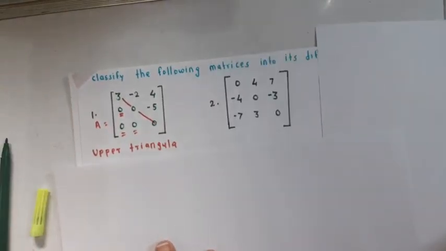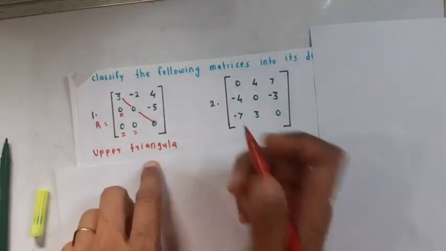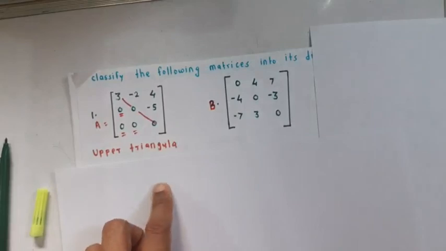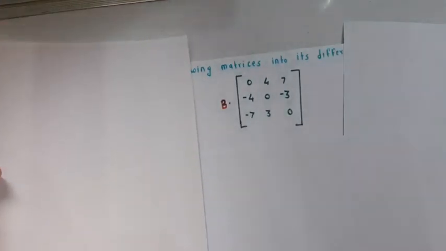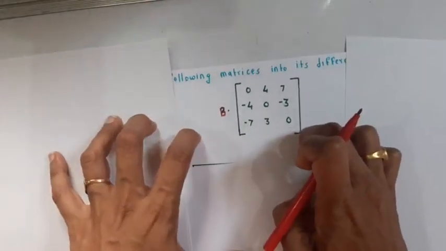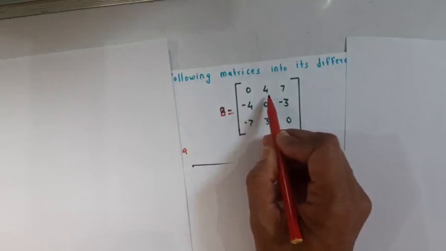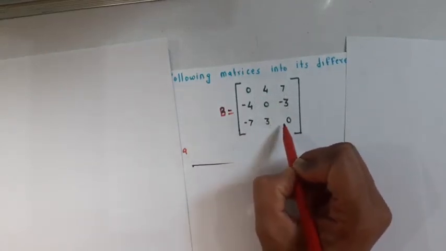Now let us see the second. In the second, suppose this is the matrix B. Matrix B equal to 0, 4, 7; minus 4, 0, minus 3; minus 7, 3, 0.